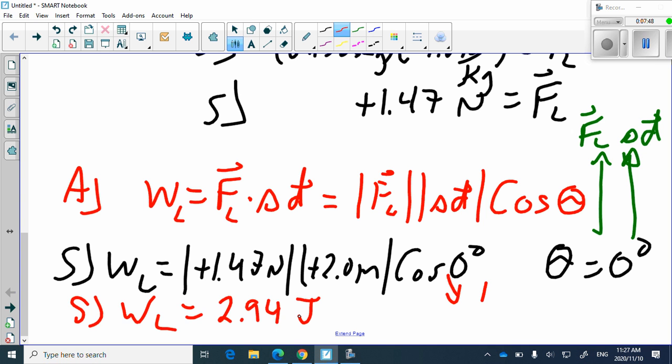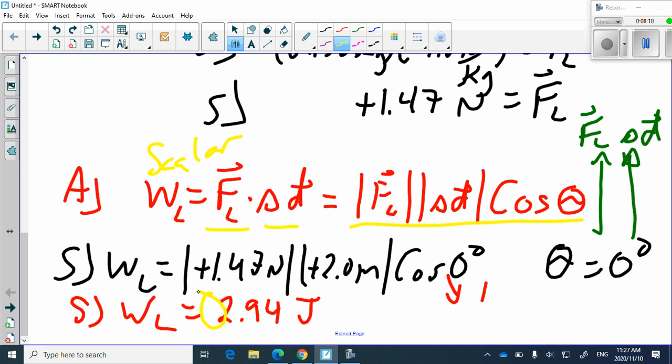You notice we've taken two vectors and multiplied them in a new and special way so that we end up with a scalar. Work is a scalar, so I don't need to put a direction in there. Scalars don't have direction.